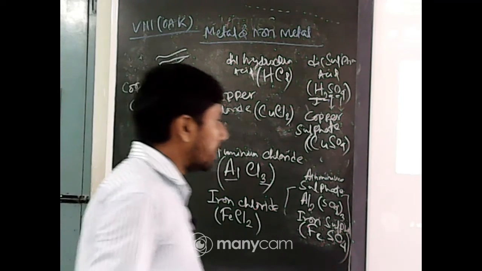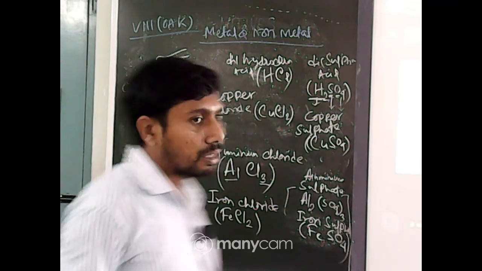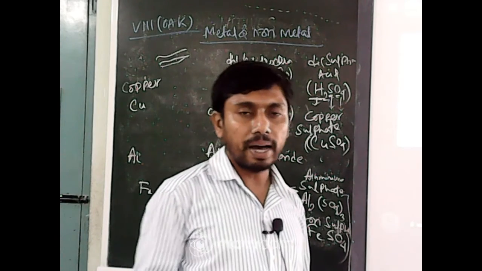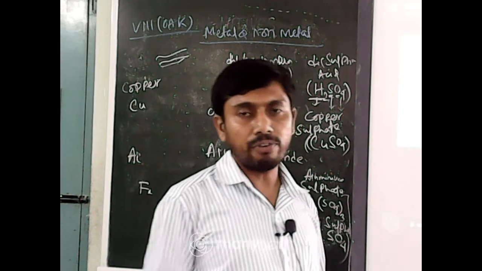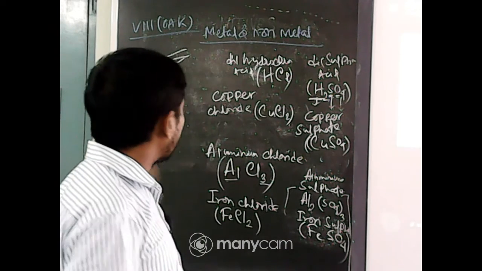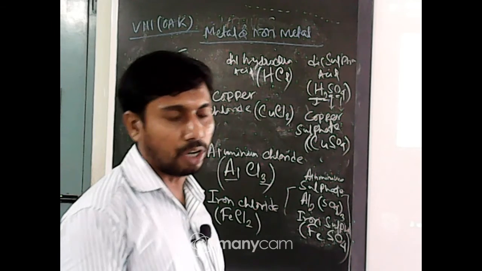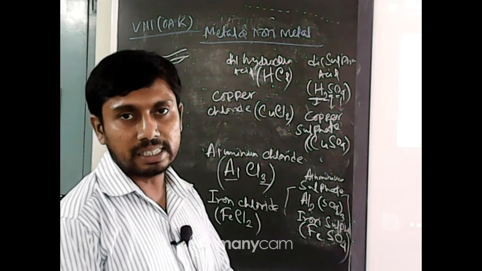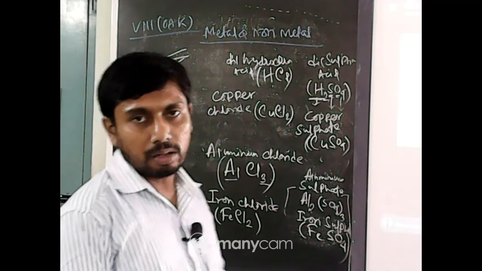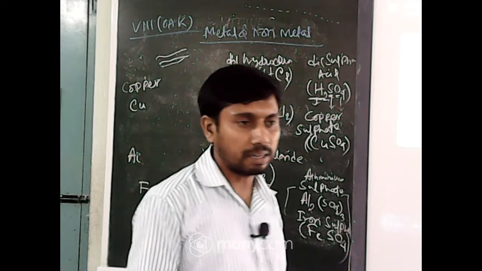Sir, these questions are important for MCQ. Yes, it may be, but if it comes in the exam, then you may try writing the word equation, that is the word name. For example, if it is given magnesium plus sulfuric acid, you will write magnesium sulfate, because if you want to write magnesium sulfate as MgSO4, sometimes it may be wrong, that is, you may not represent it in the correct manner.